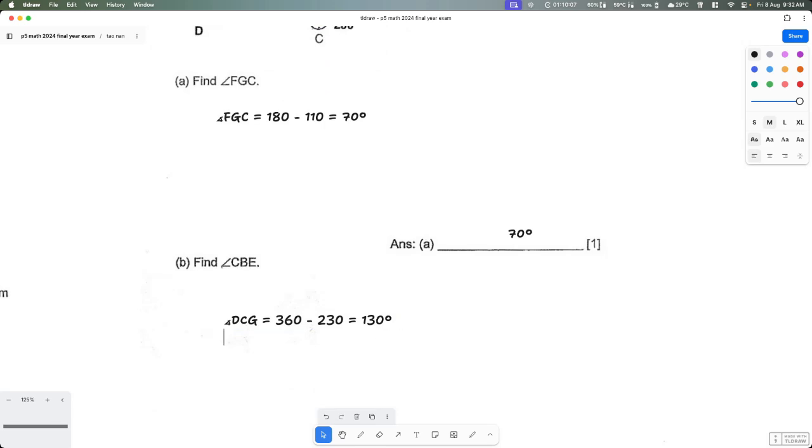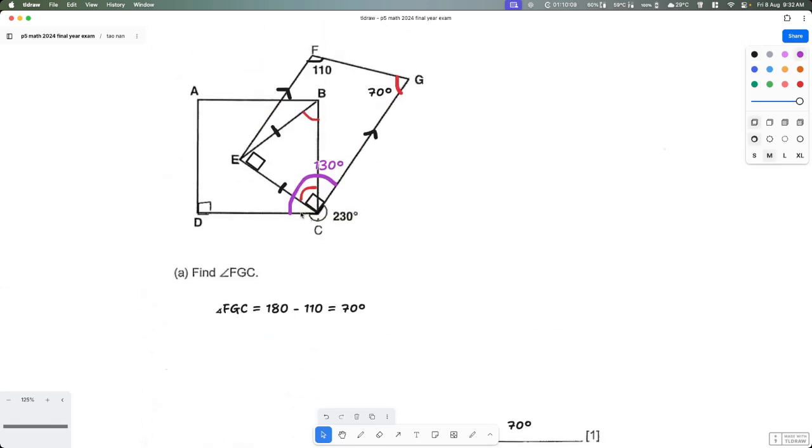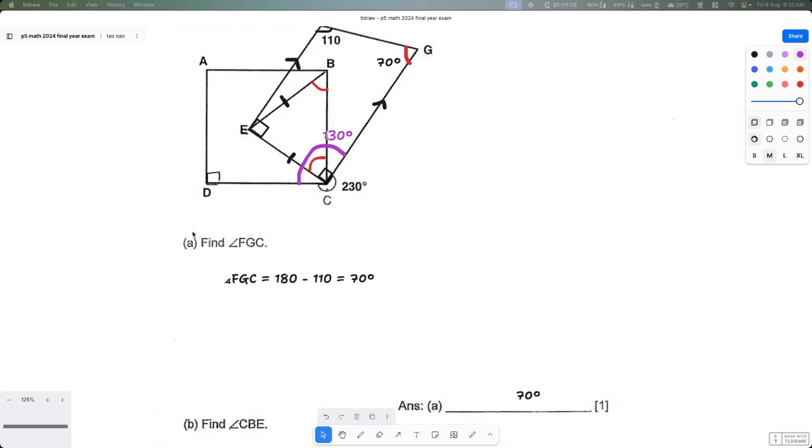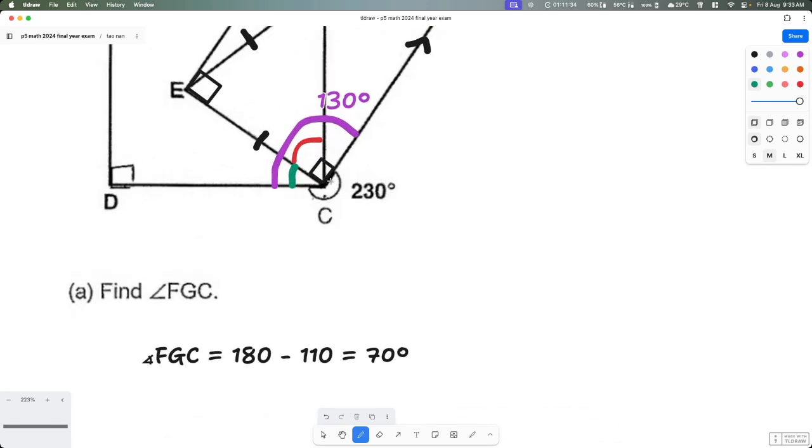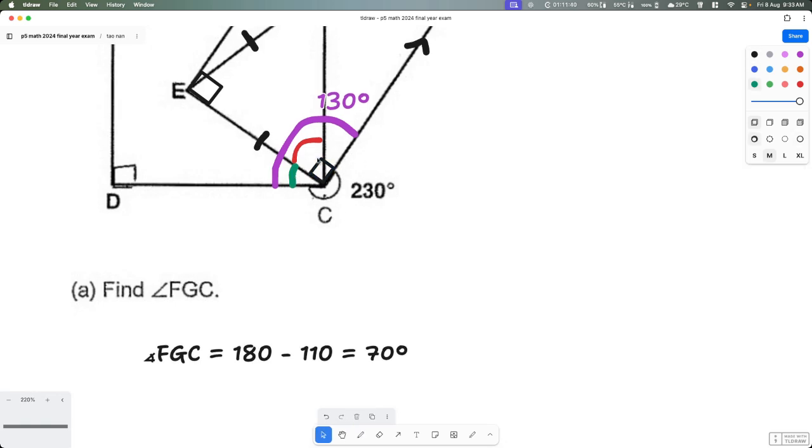Then the next angle that we want to get is this little angle over here. Let me draw this out. We know that 130 is the whole thing, and then this part is 90 degrees, so we can get the green angle.